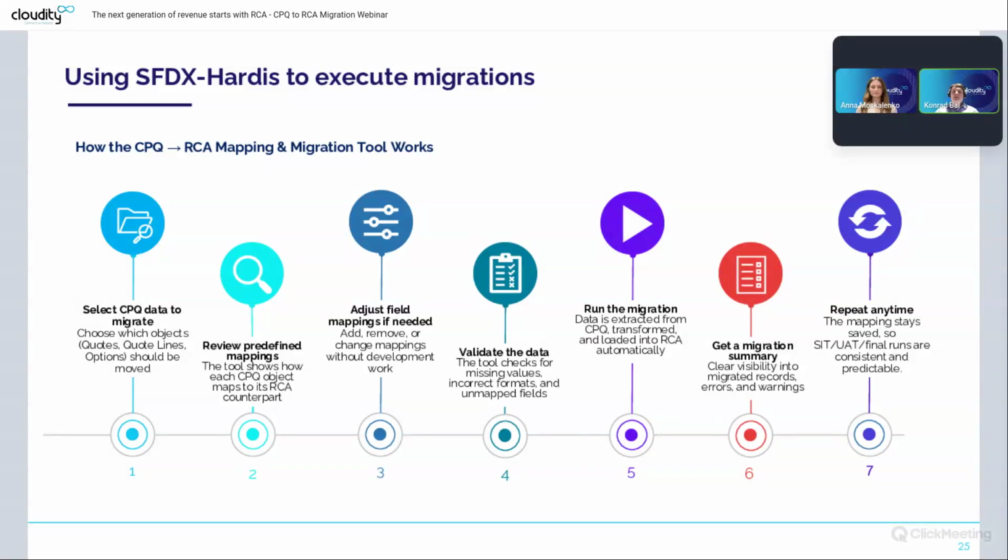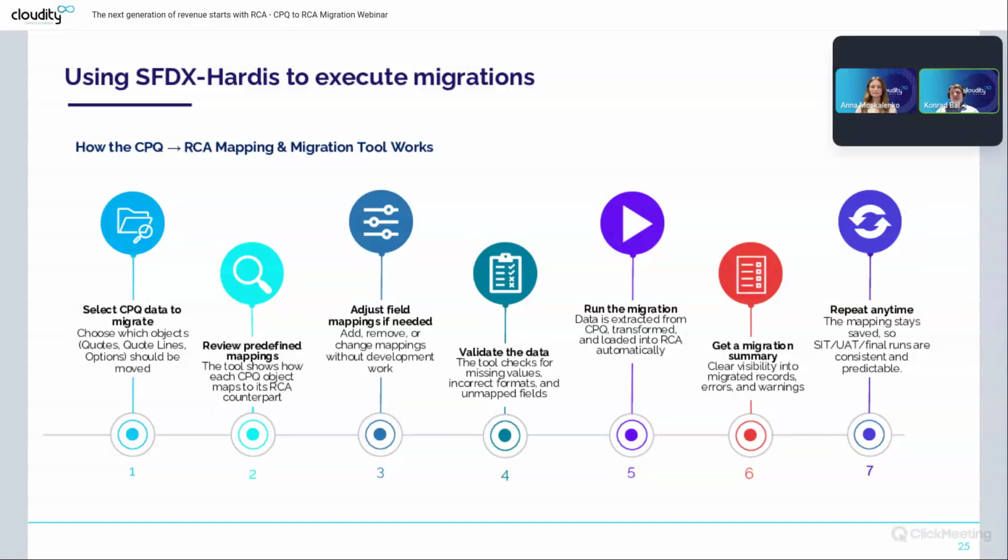The tool will take a portion of data and try to load it into the new environment, and you will clearly see at that level the migration summary. You will see if it was successful, and if not, what errors you can expect there, and what warnings are maybe worth considering and fixing. This is something you can expect on this level.